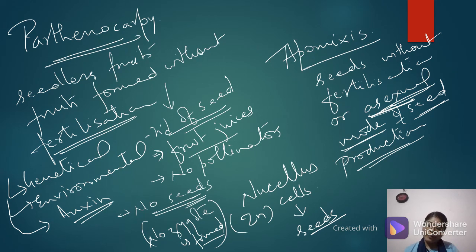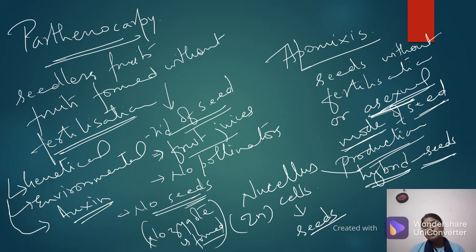Why are we talking of apomictic seeds? Because it is very good for hybrid plants. If I have a hybrid plant and by this asexual method I get seeds, then it is very easy to grow those plants, because there won't be segregation of characters. By the sexual method segregation of characters happens. By the asexual method that won't happen, and therefore people in the genetics industry are working on how we can get these apomictic seeds.